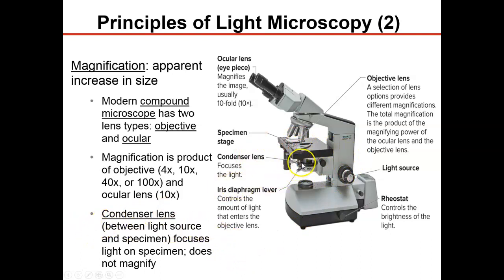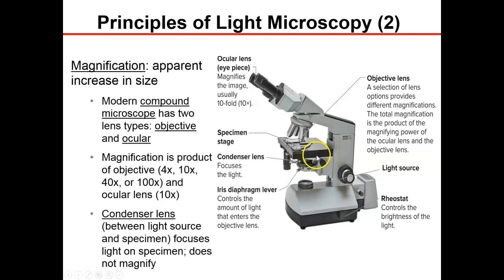There's a condenser. The condenser helps to focus the light on the specimen, but it does not magnify anything. Here is your light source. Over here the large knob is called the coarse focus. The tiny knob here is called the fine focus.